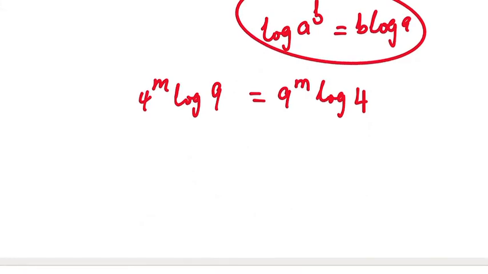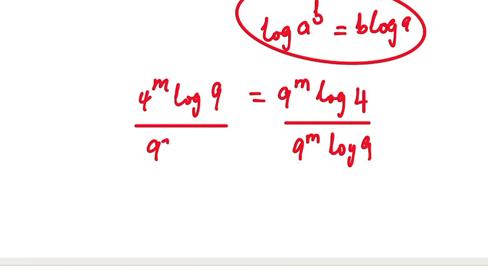The next thing we're going to do is divide both sides by 9 to the power of m and log 9. That is, I'm going to have 9 to the power of m log 9 divided by 9 to the power of m log 9, not 9m, 9 to the power of m.